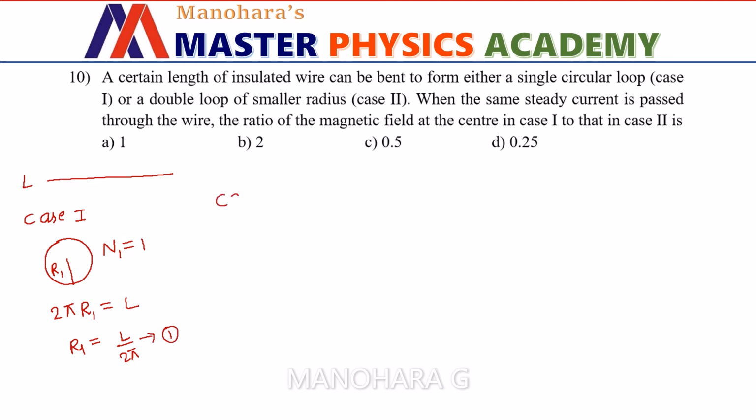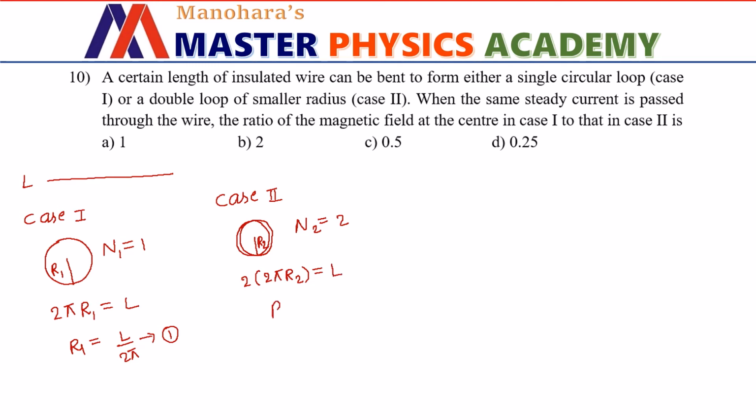In case 2, the same wire is bent into a circular coil of number of turns equal to 2. This time the radius will decrease, of course. And what is the relationship between the length and the circumference here? Let us take the radius in this case to be equal to R2. 2 times the circumference of this coil will be equal to the length of the wire.